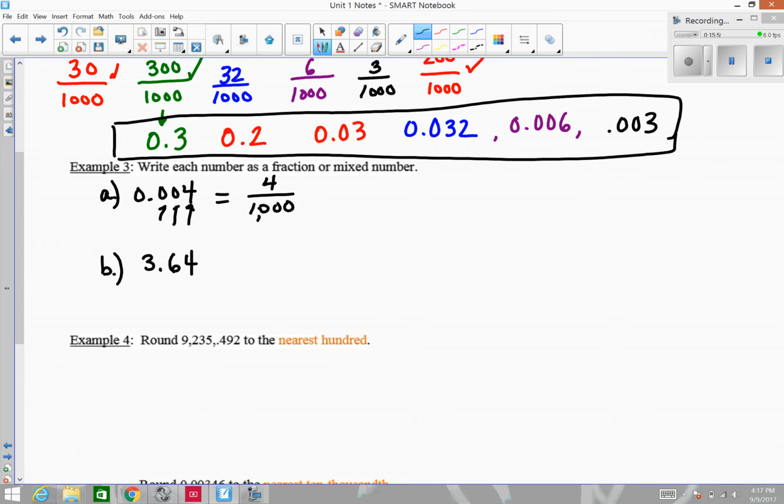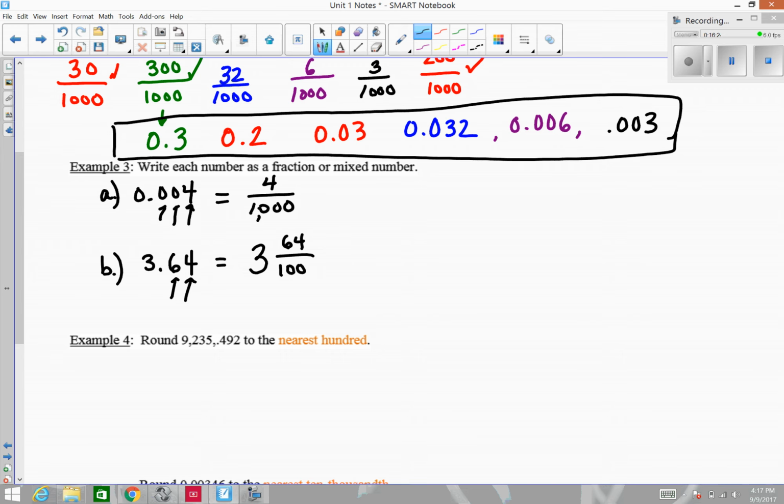3.64. Now we could write this as a mixed number, 3 being our whole number part. And then our decimal part is 64 over, let's see, tenths, hundredths, so this would be 64 over 100. What I really have here is 3 plus 64 hundredths.